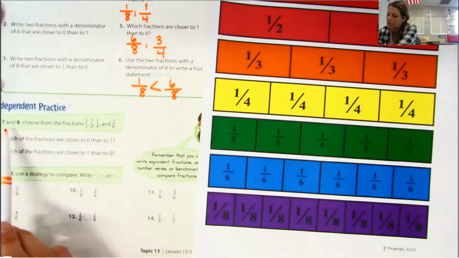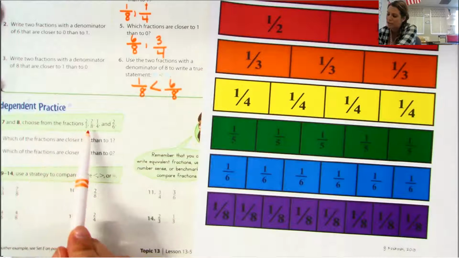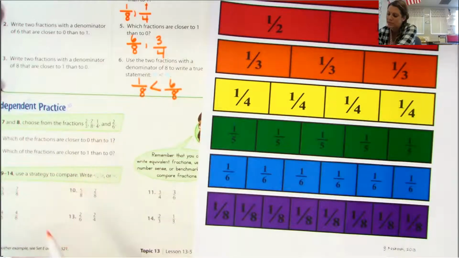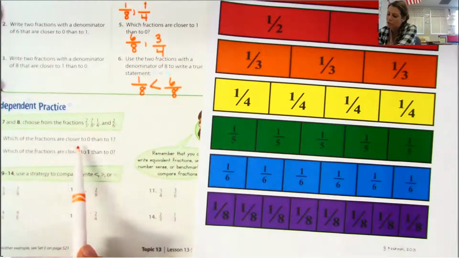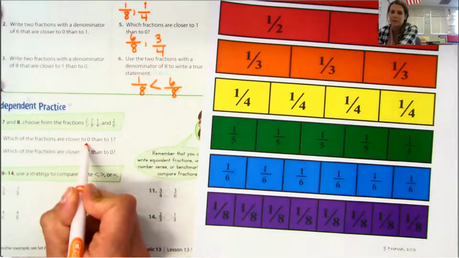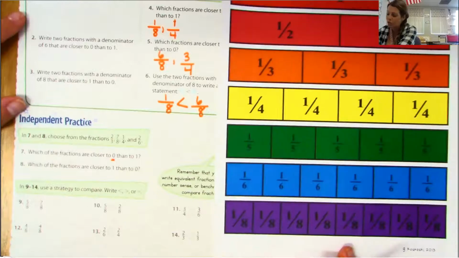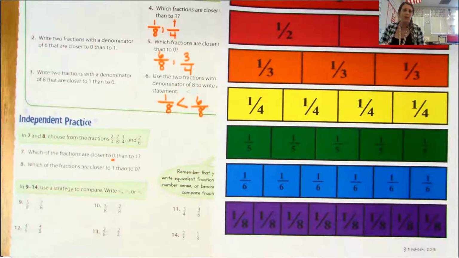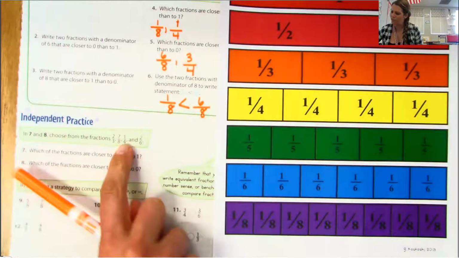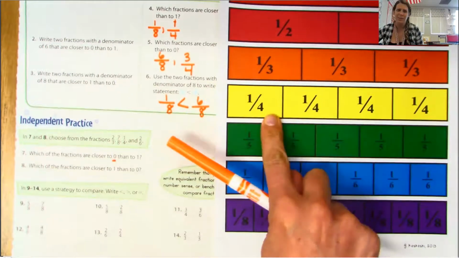In 7 and 8, choose from the fractions 2/3, 7/8, 1/4, and 2/6. Which of the fractions are closer to 0 than to 1? All right, so we're still doing the same thing. Look at your fraction strips. See if you can figure it out. Which fractions are closer to 0? Well, 1/4 is pretty small.